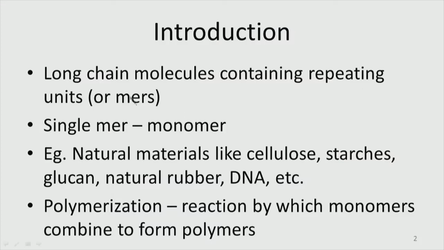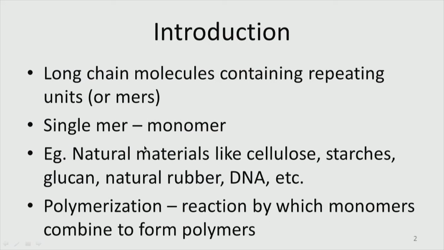So, polymers have a wide range of molecular weights and they have repeating units which are called mers. That is why you have monomer, oligomer and so on. A single mer is called a monomer. There are natural polymers like cellulose, glucon, starches, natural rubber, even DNA we would call a natural polymer.